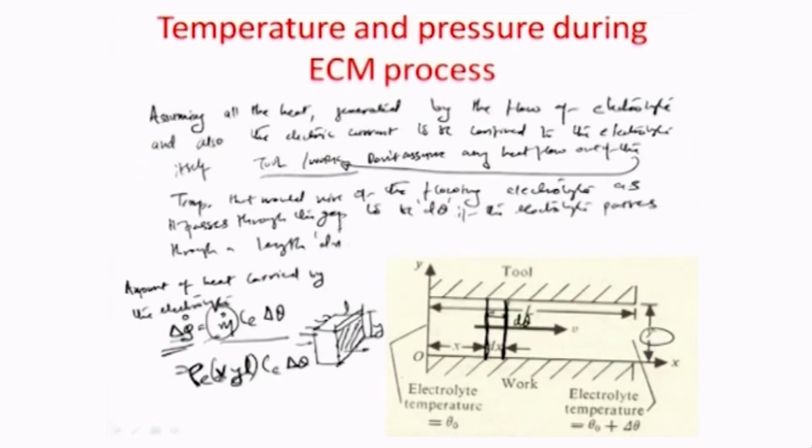So, that is the amount of heat flow which would happen between this phase and this phase, which would raise the temperature of the electrolyte in turn by delta theta.